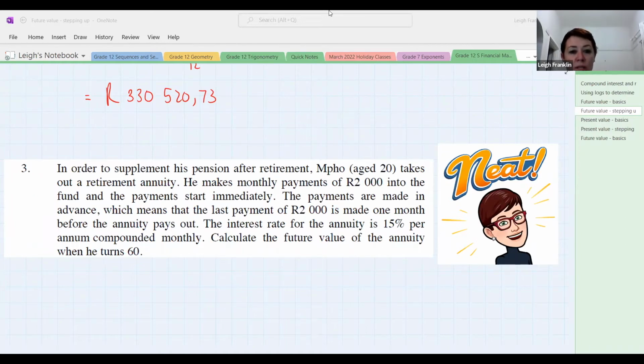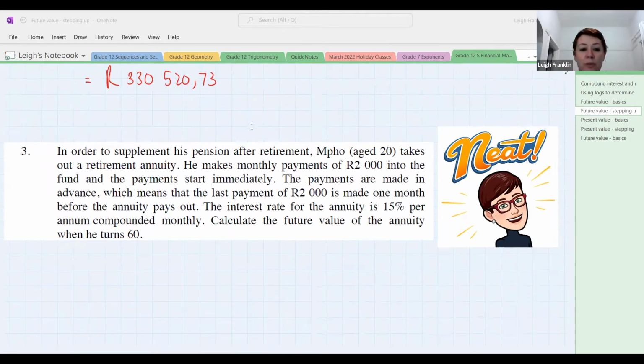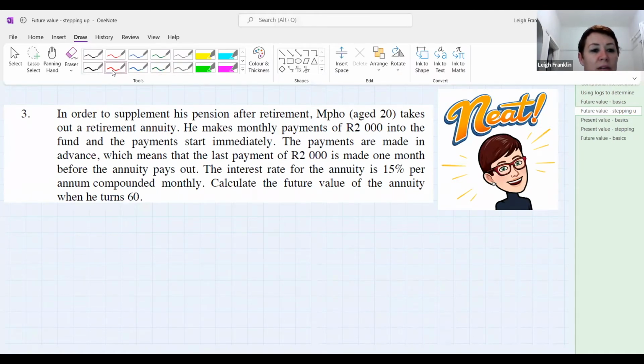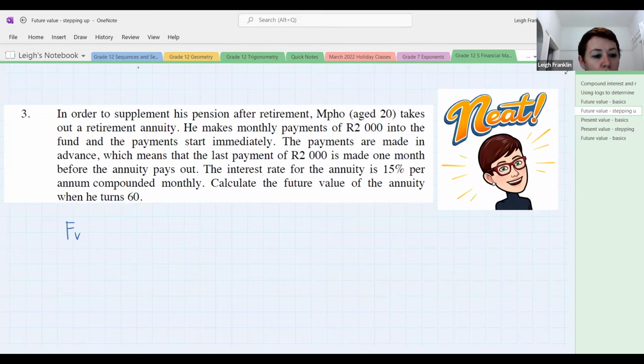They want us to calculate the future value of his annuity. We know that he is depositing 2,000 Rand every single month. That gives us a place to start. So the future value of Mpho's investment, when he invests 2,000 Rand a month at 15% per annum compounded monthly.